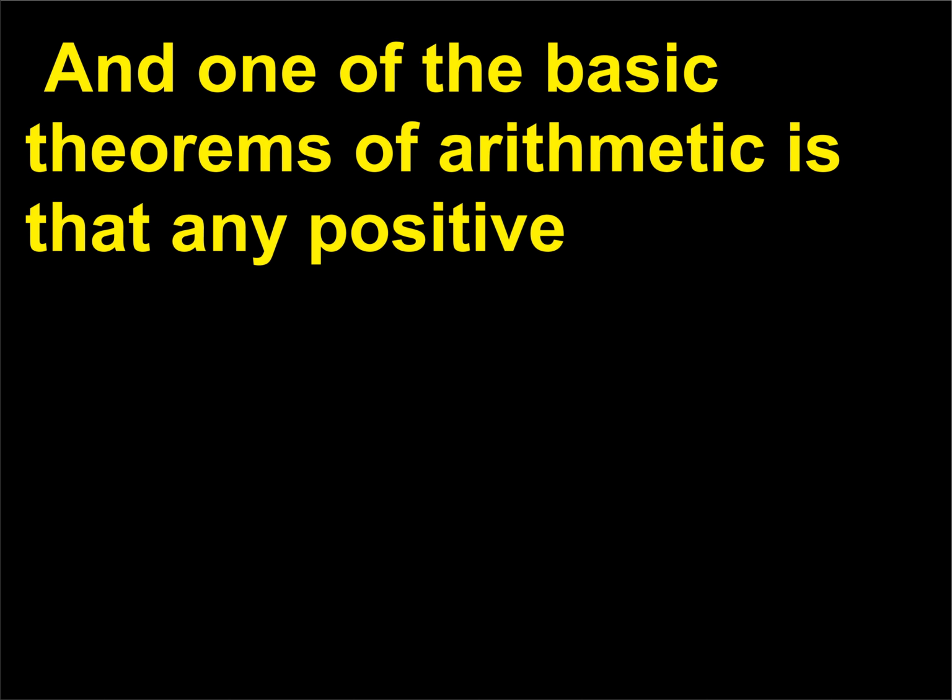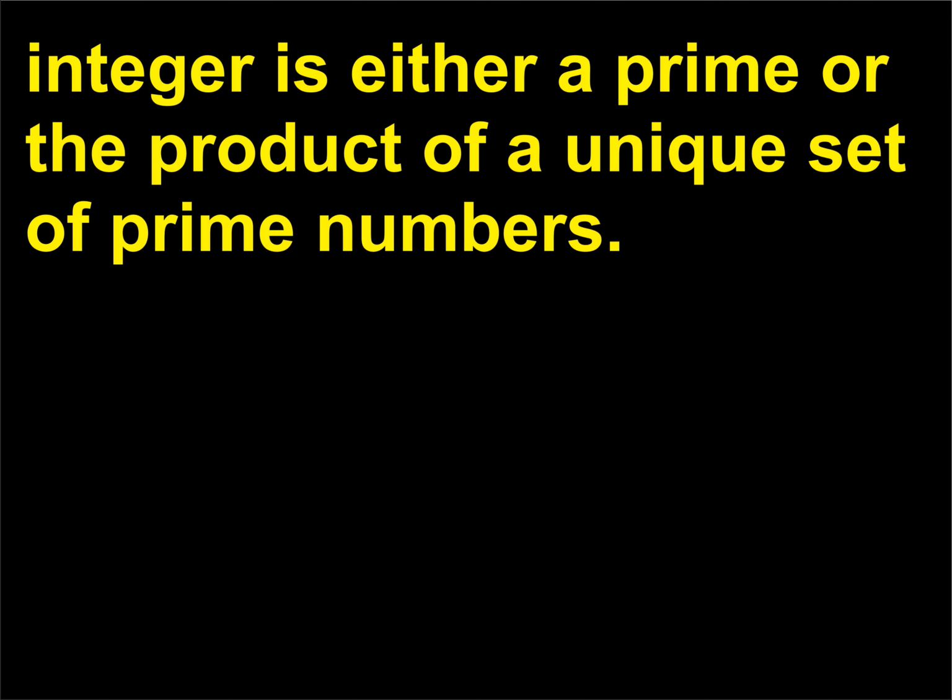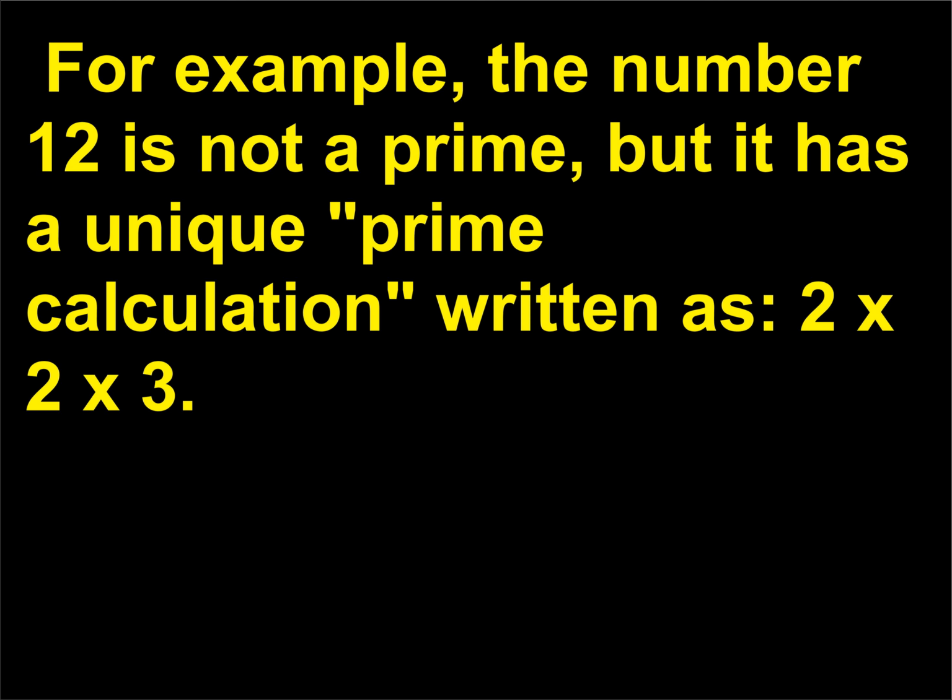And one of the basic theorems of arithmetic is that any positive integer is either a prime or the product of a unique set of prime numbers. For example, the number 12 is not a prime, but it has a unique prime factorization written as 2 x 2 x 3.